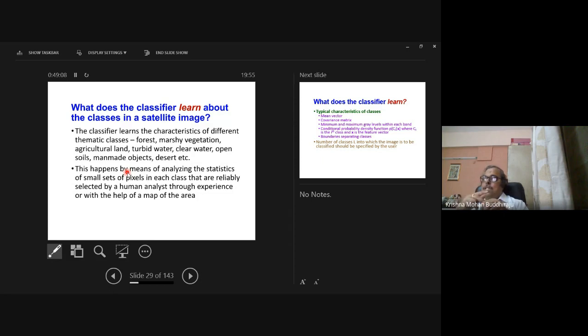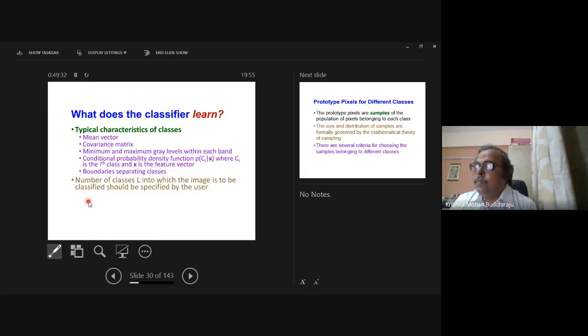Things like that are learned by analyzing the training samples. This process of supplying samples is governed by the statistical theory of sampling. It is a very well established discipline from the field of statistics. So typically what is learned? The mean vector, that is, if you are given a few pixels, you can find the mean of those.